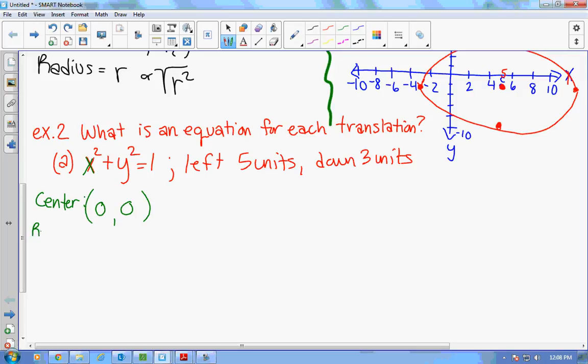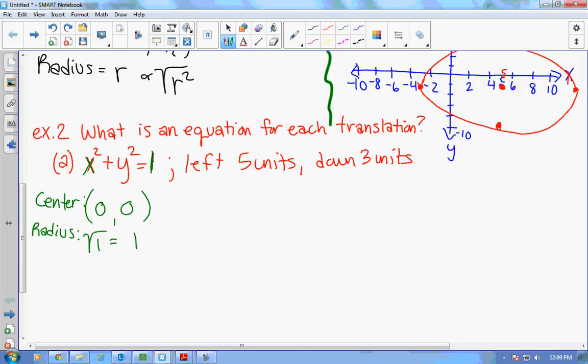And the radius is the square root of what's over there. What's the square root of 1? 1. Normally we would say plus and minus 1, but does it make sense to have a negative length of a radius? No, lengths are always positive.